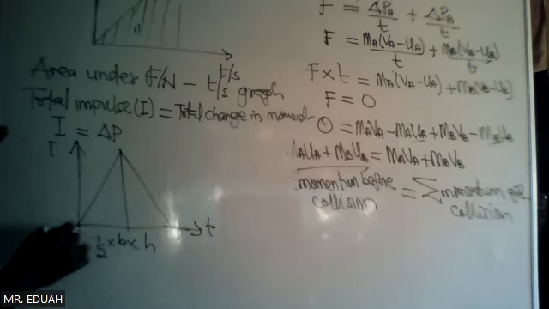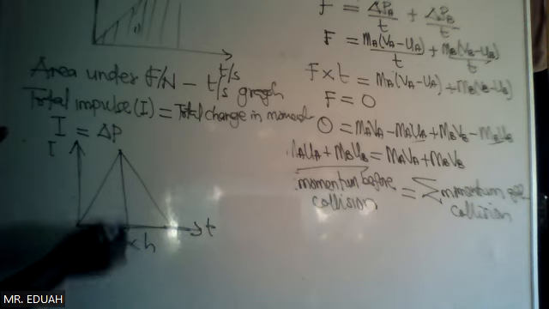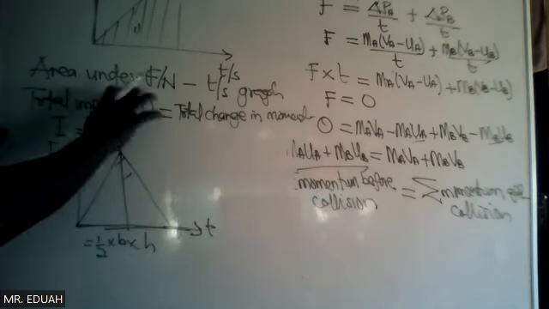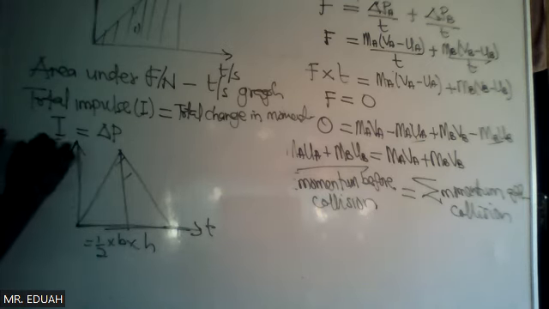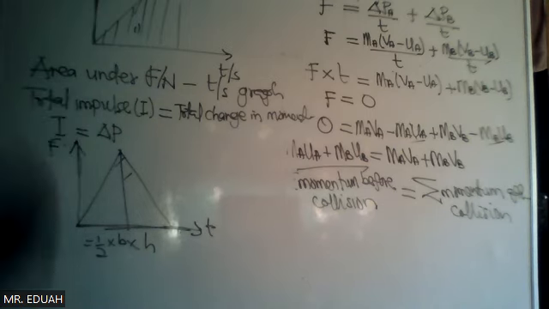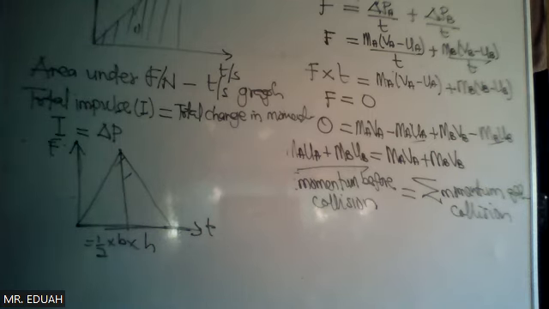So this is the height, this is the base. Determining this would give you the area of the triangle, which is equal to the total impulse, also equal to the total change in momentum.